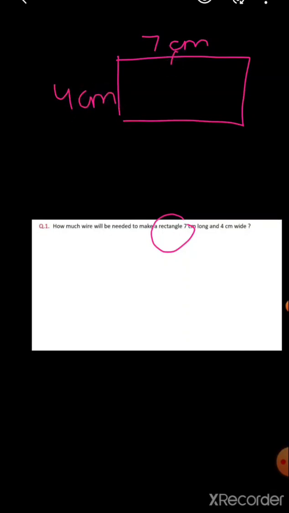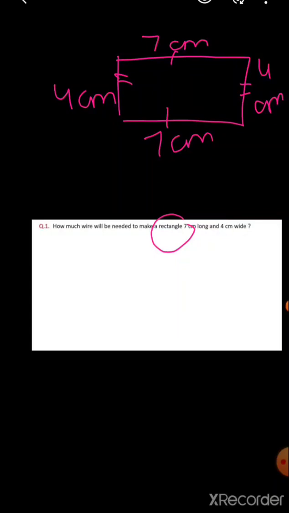If this side is 7 cm, this side will also be 7 cm, because in a rectangle opposite sides are equal. If this is 4 cm, this will be 4 cm. So you will draw this figure, then you will write the formula.